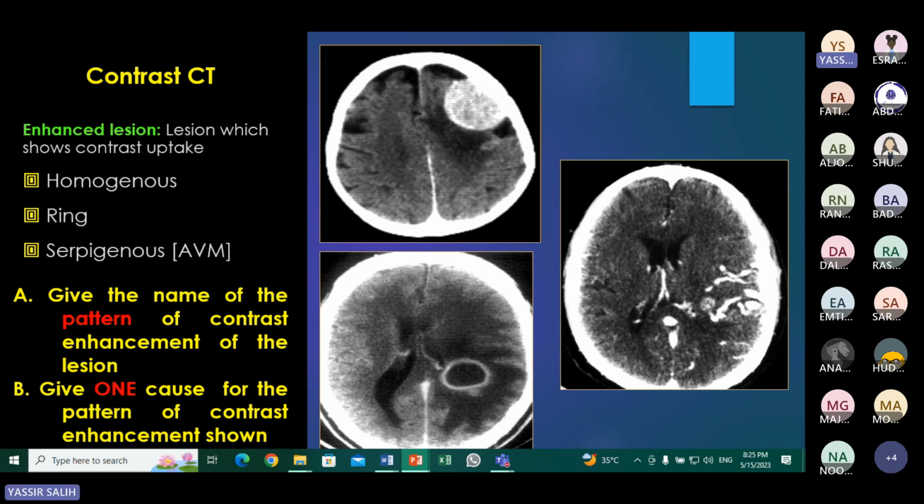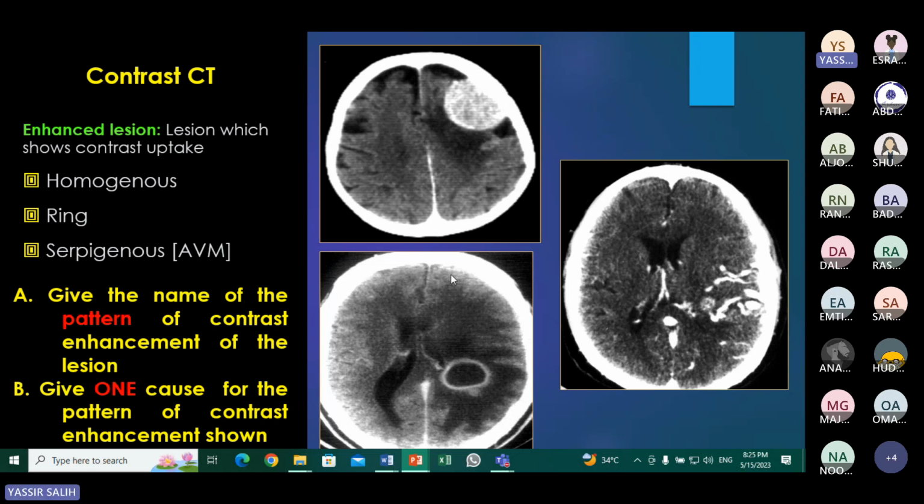Homogeneous, or other patterns. Ring. Serpiginous, yes, or homogeneous.